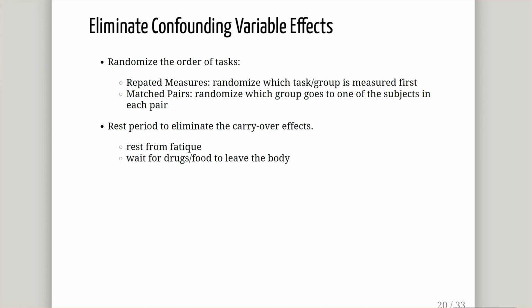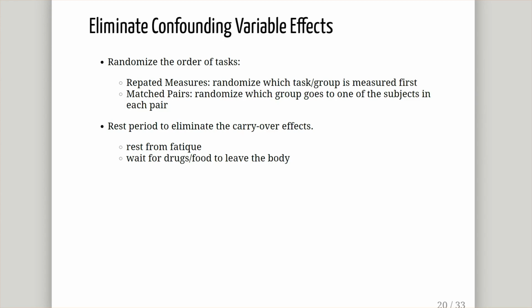That would be for our repeated measures design. You'll just randomize which task or group is measured first. If you're doing a matched pairs design, you just simply need to do random assignment within that pair. So just randomize which group goes to which of the subjects in the pair.